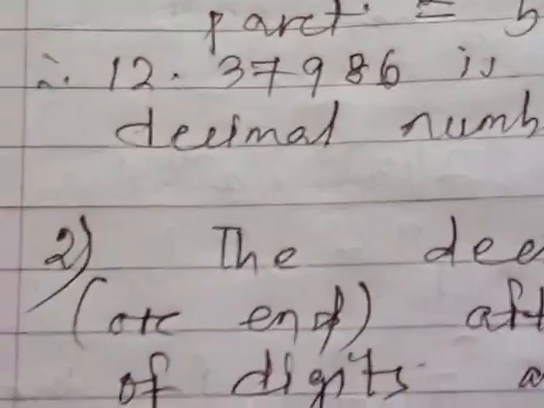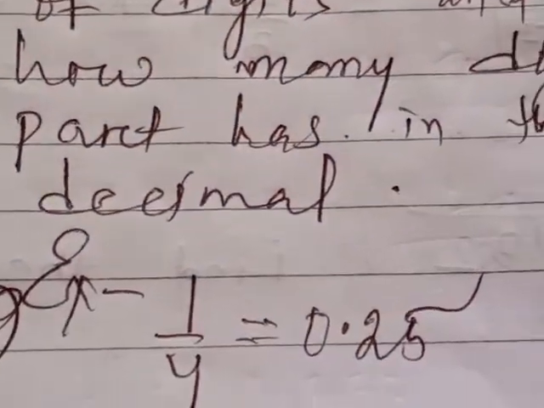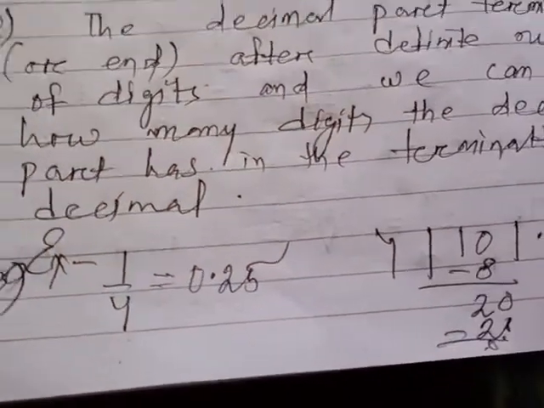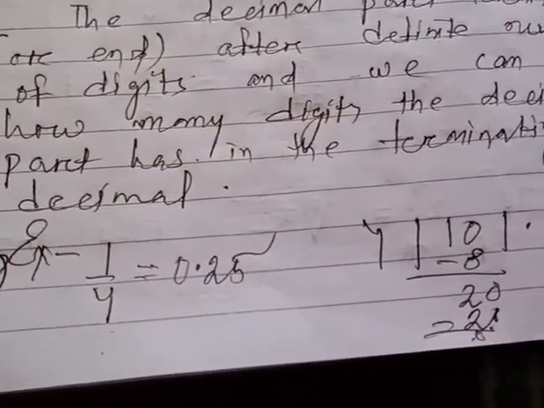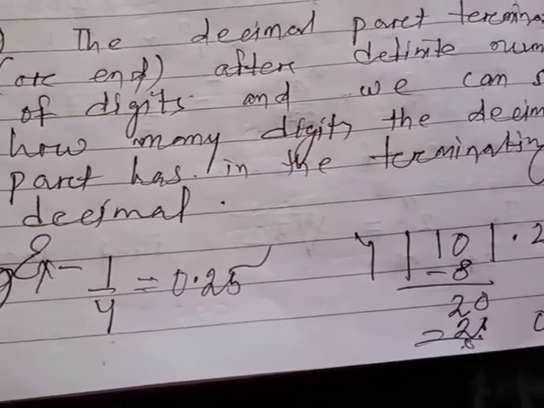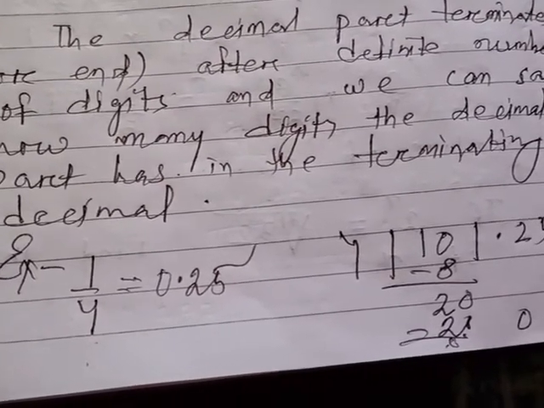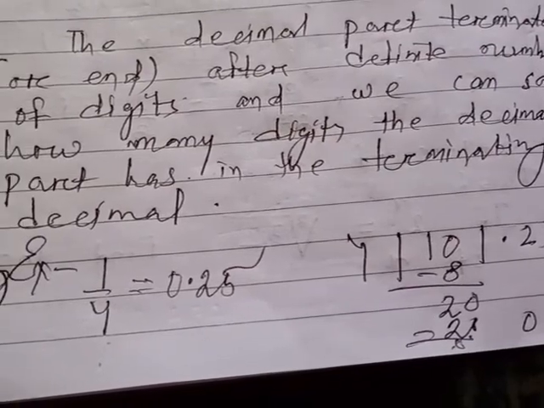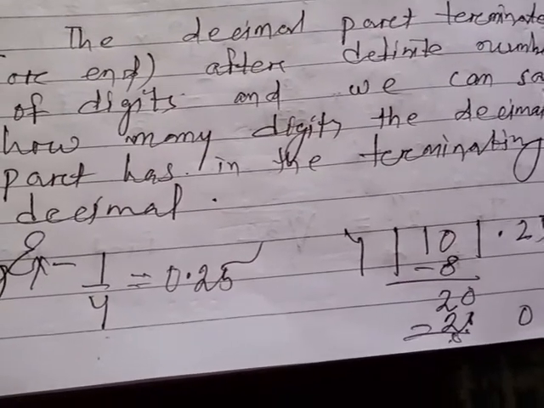Okay, so let us see one example here, how to divide a fraction into decimal. 1 upon 4. By the process of division also, we can say whether a number is terminating or non-terminating.